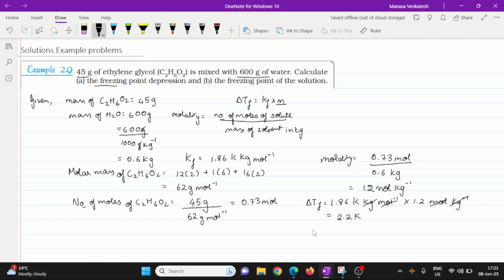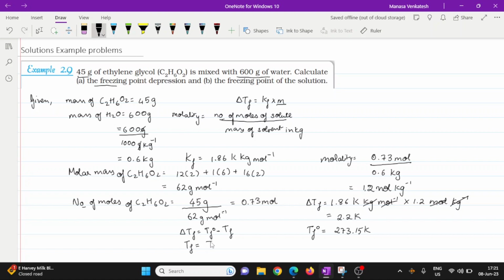We know the freezing point of water at atmospheric pressure, so we can say TF naught is equal to 273.15 Kelvin. In your textbook again, this is given: delta TF equals TF naught minus TF, where TF naught is the freezing point of the pure solvent and TF is the freezing point of the solution.